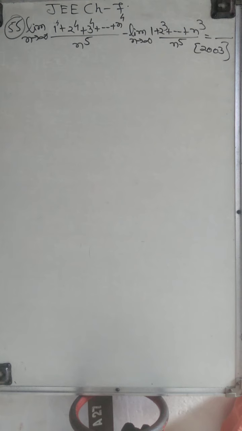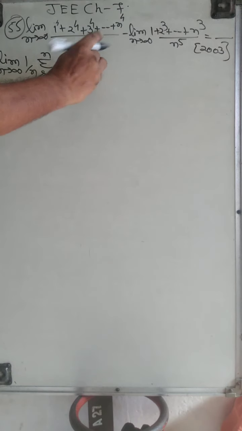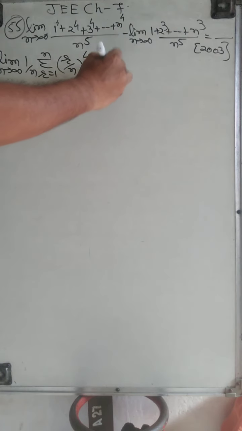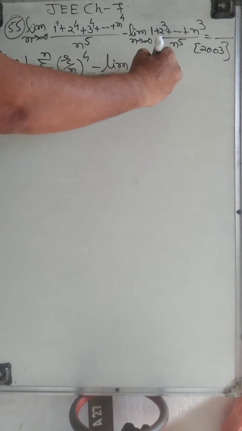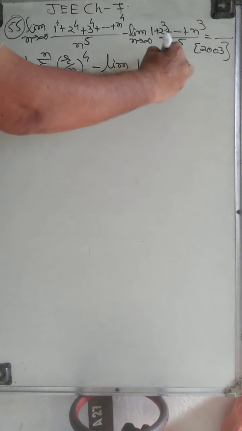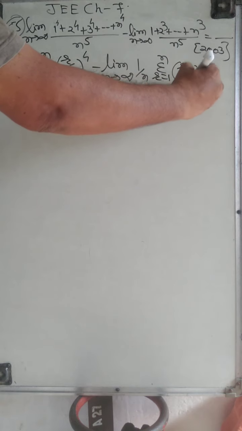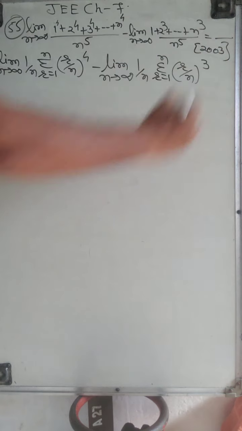So first of all, this is limit n tends to infinity 1 upon n into sigma r equal to 1 to n of (r by n) raised to 4, minus limit n tends to infinity 1 by n sigma r equal to 1 to n of (r by n) raised to cube.